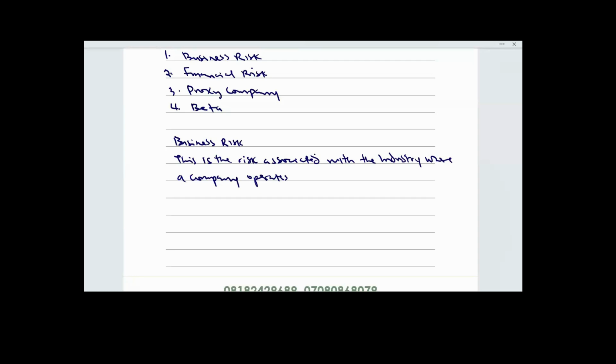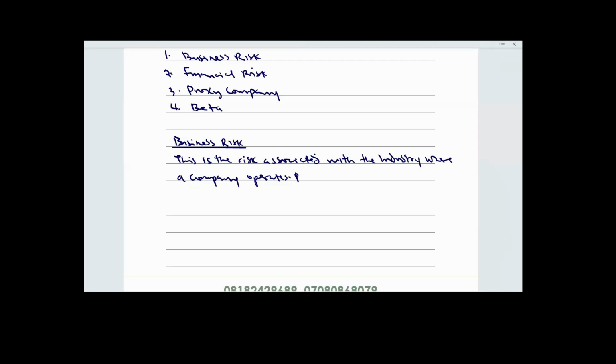In a question, examiner will not ask you to calculate business risk. It's implied. When we talk about project specific, a company is moving from one industry to another industry. So that means a company is diversifying. So when you want to measure the risk associated with the industry where the company is diversifying to, you need to calculate business risk. And business risk is measured by asset beta.